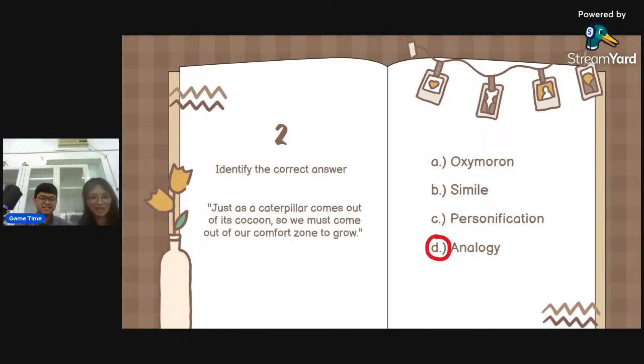It's not personification because a caterpillar is a living thing. It actually comes out of its cocoon. So it's just comparing it to us people, that we must come out of our comfort zone just as a caterpillar comes out of its cocoon. It mustn't stay there.